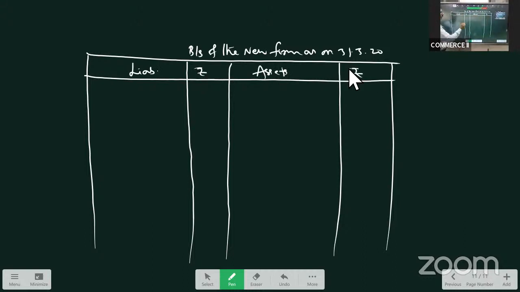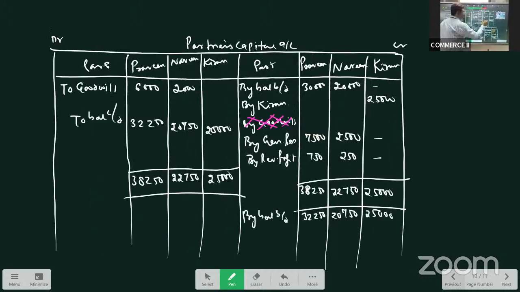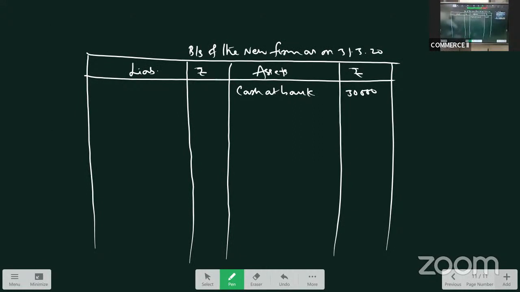Cash at bank. What is the first item? Cash at bank. It is 30,000. We have prepared the cash account now, 30,000. Then trade debtors, 30,000. Will we take 30,000?